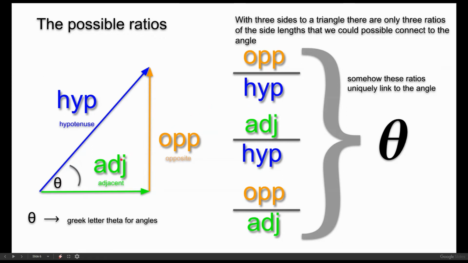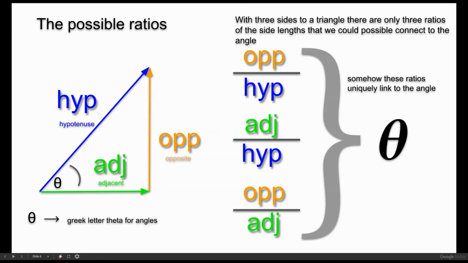You can compare the adjacent side length to the hypotenuse and the opposite. You can compare the opposite side with the adjacent and the hypotenuse, okay? So we have opposite over hypotenuse, adjacent over hypotenuse, and opposite over adjacent. Those are the only 3 ratios that can exist on a triangle.